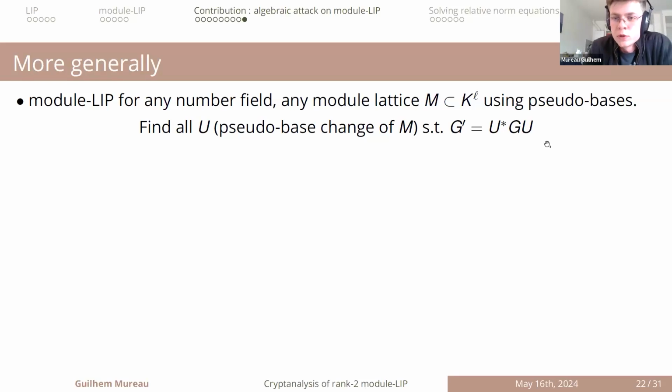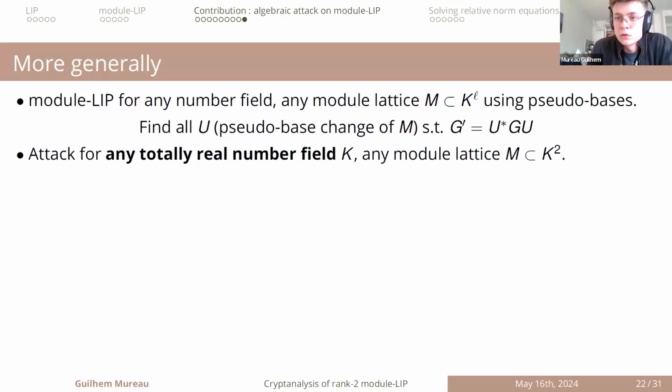The problem is really similar. You look for matrices U such that G' is equal to U star times G times U, and U must also satisfy some conditions.